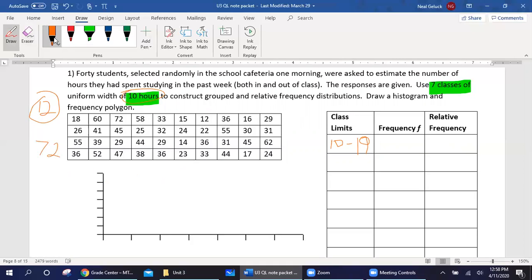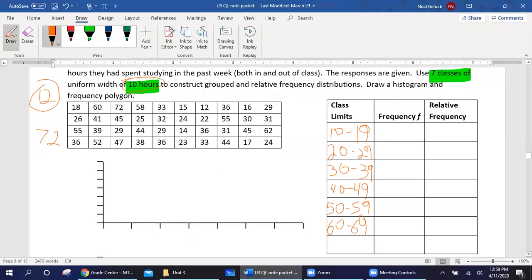That means that my next class is going to be from 20 to 29, 30 to 39, and so on and so forth, 40 to 49, 50 to 59, and the last one will be 70 to 79. Let me get this down here.